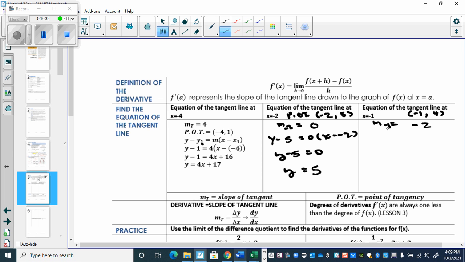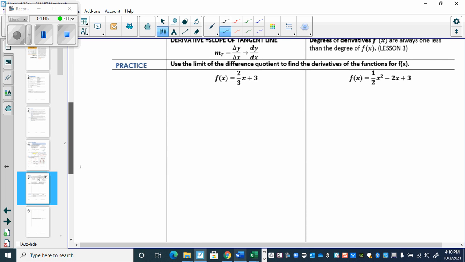Now, here I have, let's see, y minus 4 equals -2 times the quantity of x minus 1, and I get y minus 4 equals -2x minus 2. I'm going to add 4 to both sides. I get y equals -2x plus 2. And that's the equation in slope-intercept form. So not hard stuff. It takes very little time.